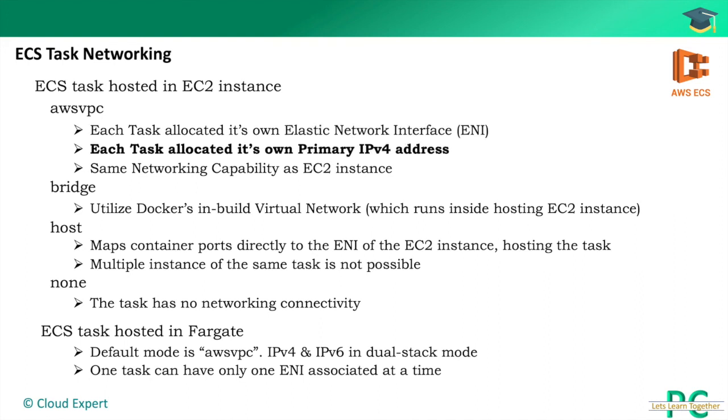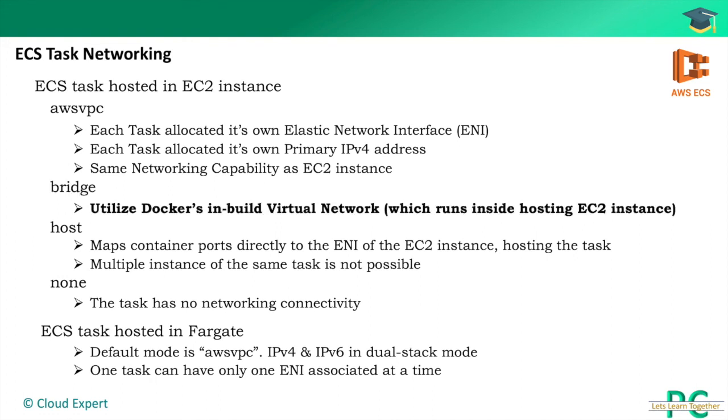Each task is allocated its own primary IPv4 address. As a result, each ECS task or each ECS container will have the same networking capability as an EC2 instance. Next is bridge mode. The task utilizes Docker's built-in virtual network, which runs inside each Amazon EC2 instance hosting the task.